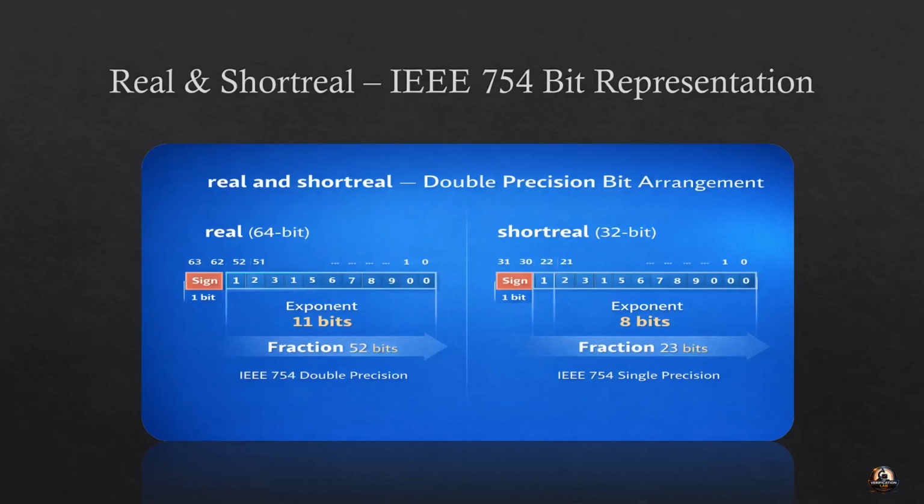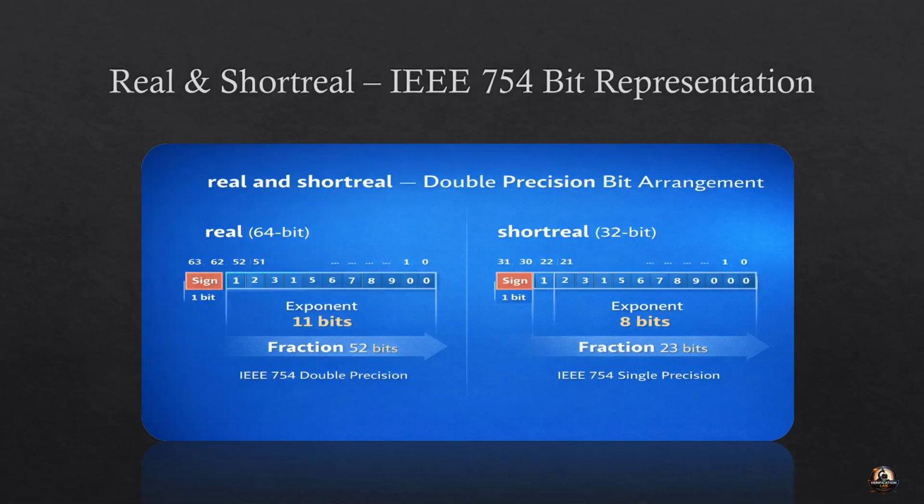Now let's see real and shortreal IEEE 754 bit representation. As of now, I am not going into the depth of how a value from decimal is converted into bits in real. So I will make a separate lecture on the conversion details. As of now, I am giving an idea. So if it is 64-bit, as we have discussed earlier, the MSB is dedicated for sign.